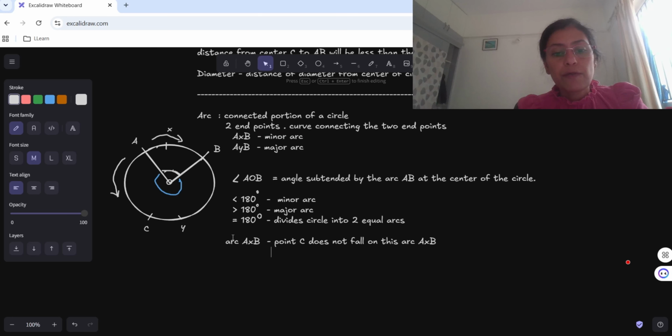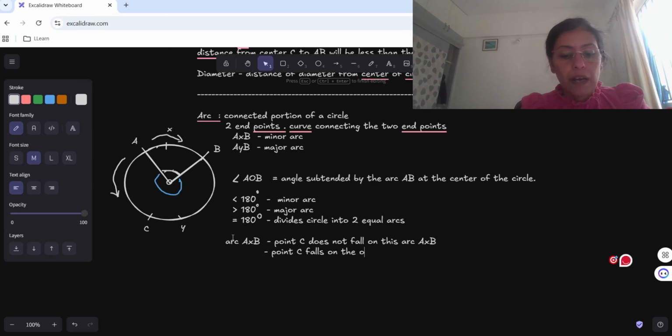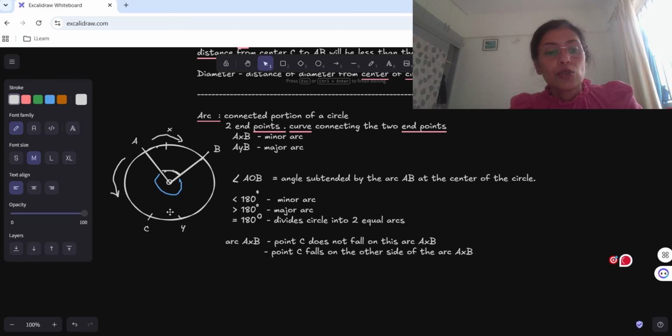Where is the point C falling? Point C falls on the other side of the arc AXB. So this point C is not falling on this arc, it is falling on the other side of this arc, which is AYB, right?